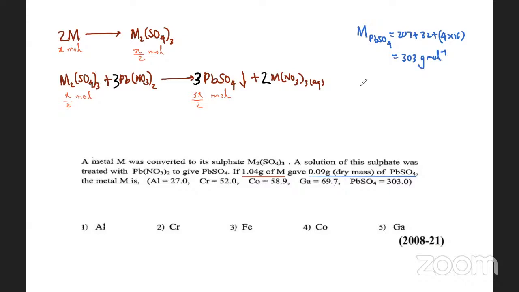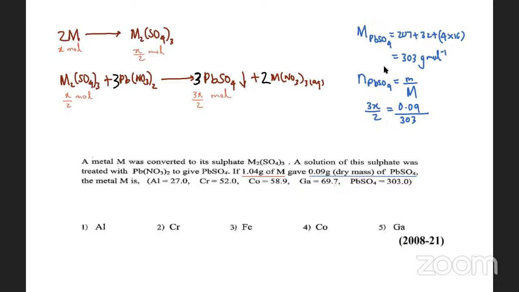And then we can go for the equation. Number of moles of lead sulfate is equal to mass over molar mass, because the mass of lead sulfate is provided to you. Number of moles of lead sulfate is 3X by 2. Mass of lead sulfate is 0.09 over a molar mass of 303. Right.